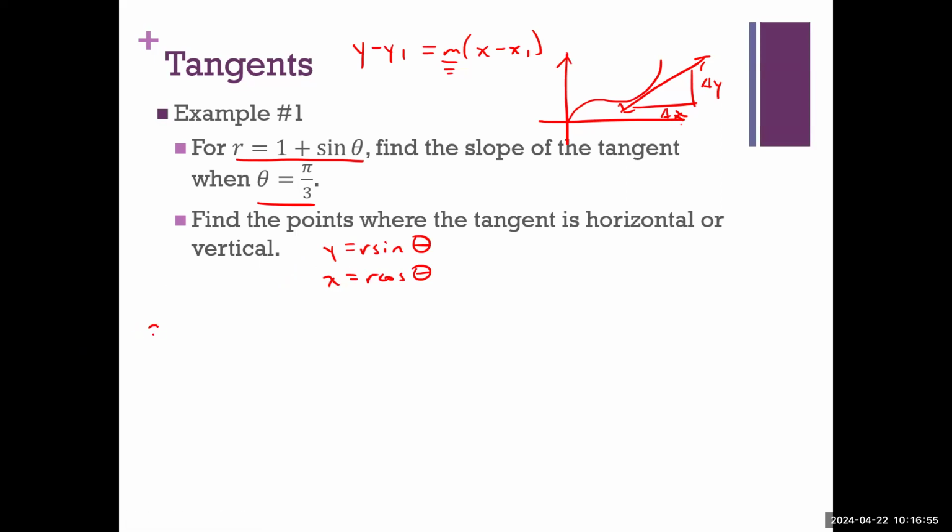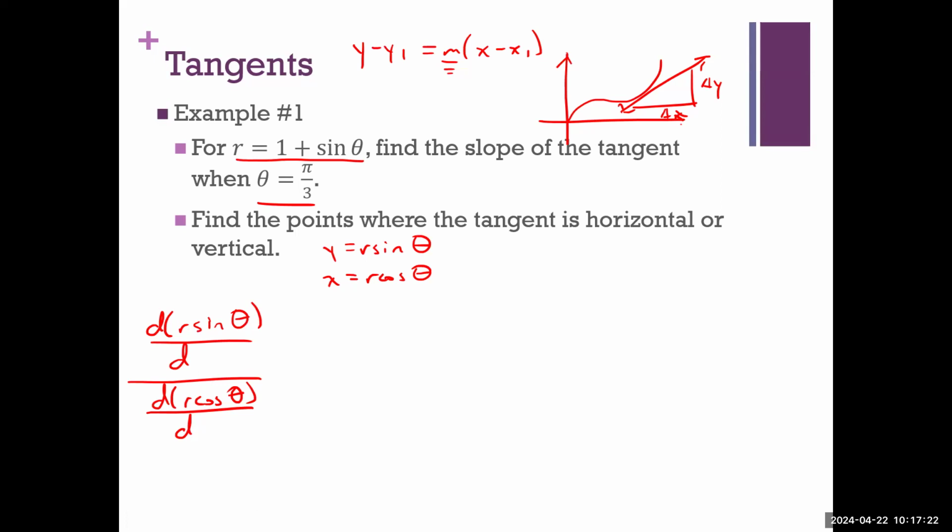So now I would like to take a derivative of r sine theta with respect to something over the derivative of r cosine theta with respect to something. If I take a derivative of r sine theta or r cosine theta, what variable should I be dealing with?